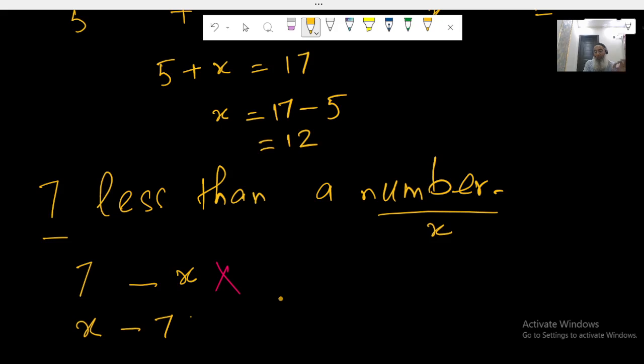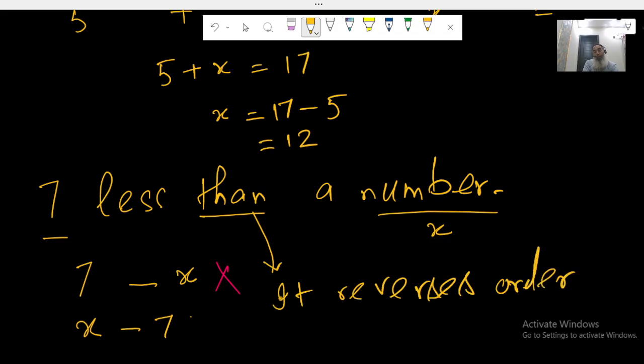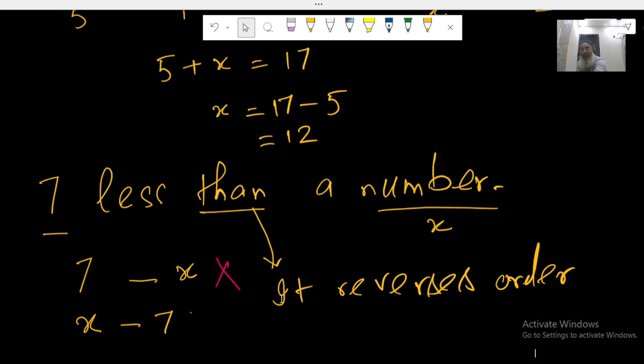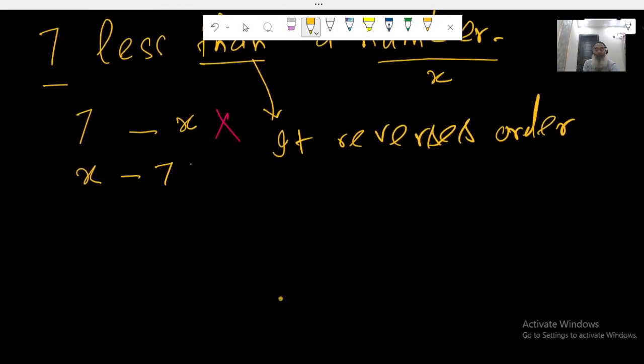So the word then reverses order, so it's important.